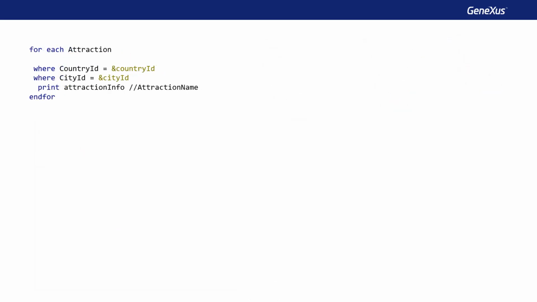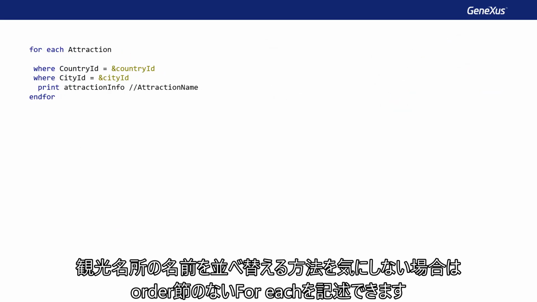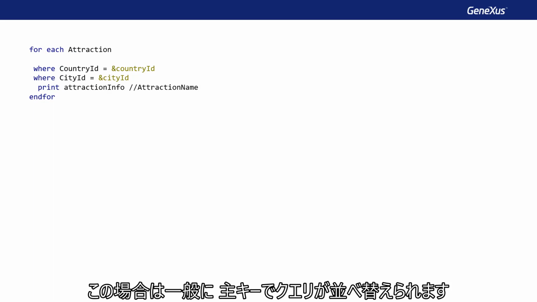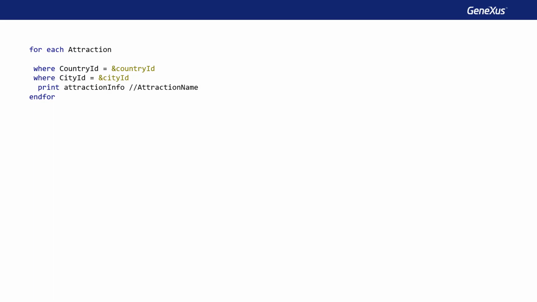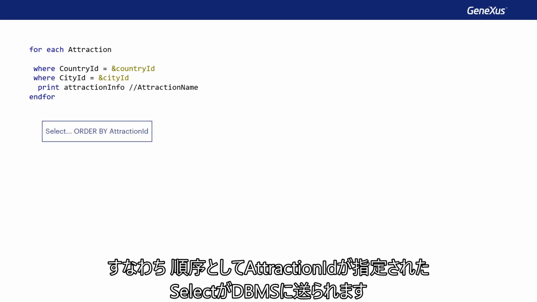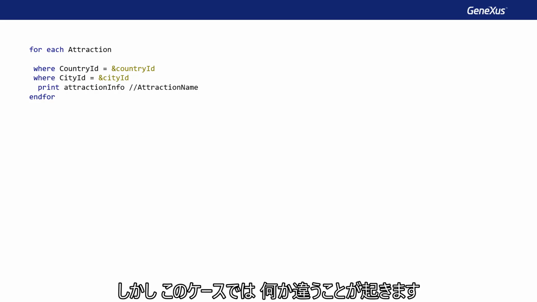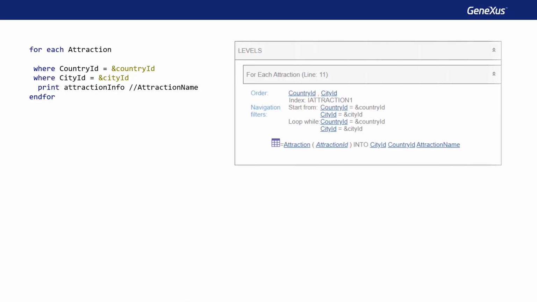For example, if we didn't care about how the attraction names will be sorted, we could write the for each without the order clause. In general, we knew that if we did this, the query would be sorted by primary key. That is to say, a select with attraction ID order was sent to the DBMS. However, in this case, something different will happen, as we can see in the navigation list.